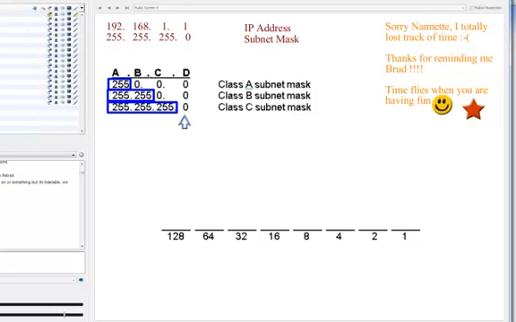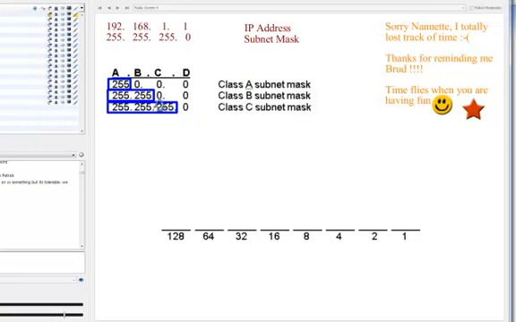So if you think of these as containers and how many marbles you could put in the container, each one of these containers only holds 256 marbles. So this could only address 256 addresses for a Class C, right? That's how many houses you could have in that city and state combination.